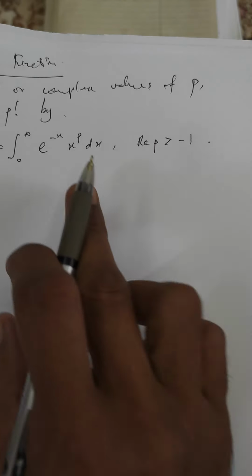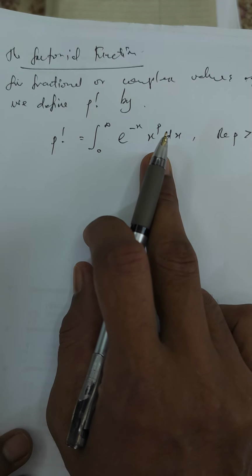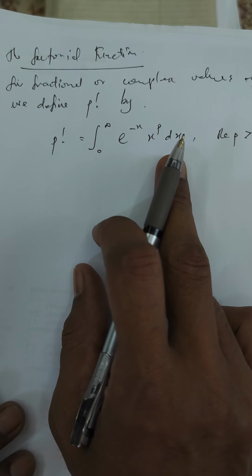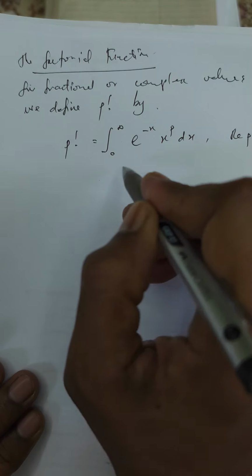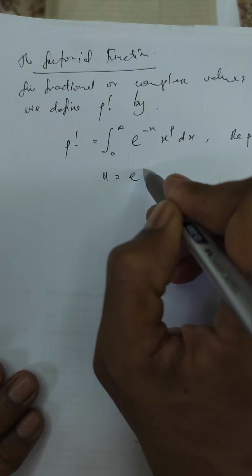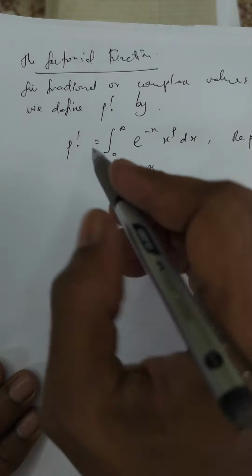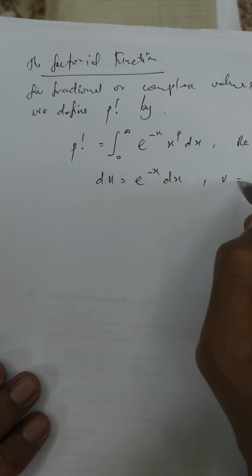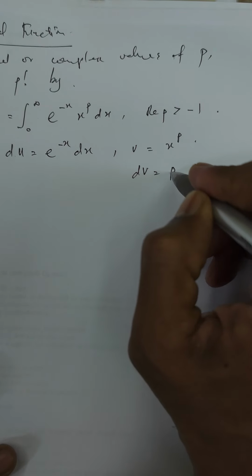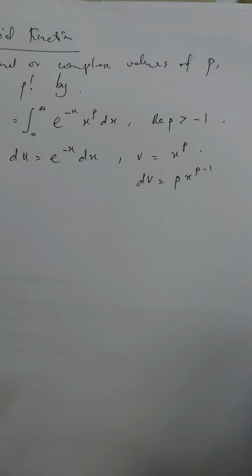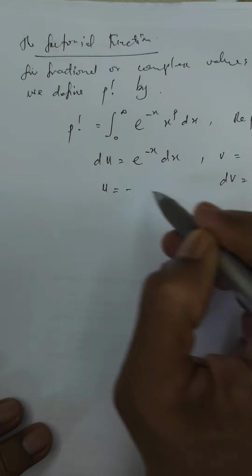So if you do integration by parts, you may take u as e to the minus x, so du is minus e to the minus x dx, and you take v as x to the p. Of course from that dv is p x to the p minus 1 dx.